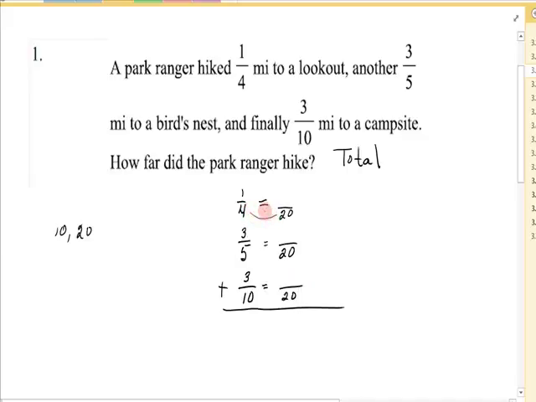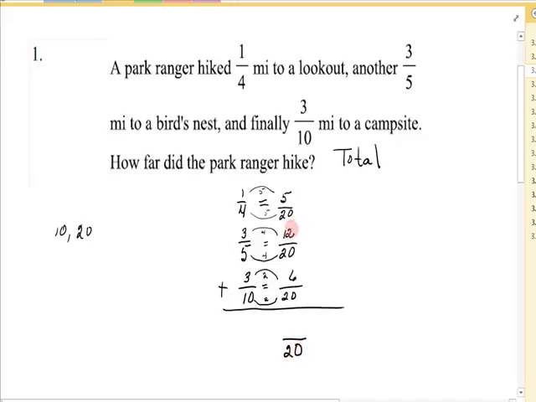4 goes into 20 5 times, and 5 times 1 is 5. 5 goes into 20 4 times, and 4 times 3 is 12. 10 goes into 20 2 times, and 2 times 3 is 6. I keep the common denominator of 20.